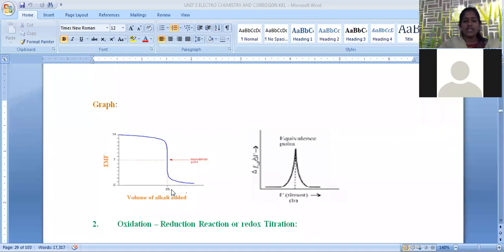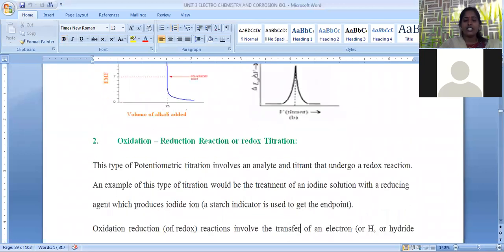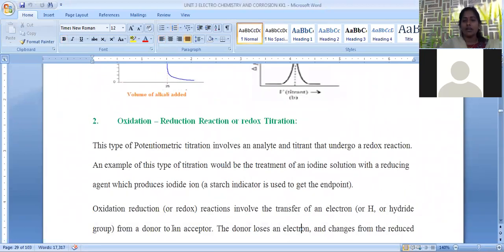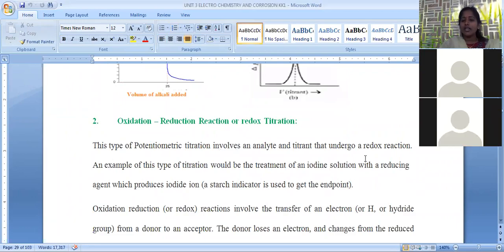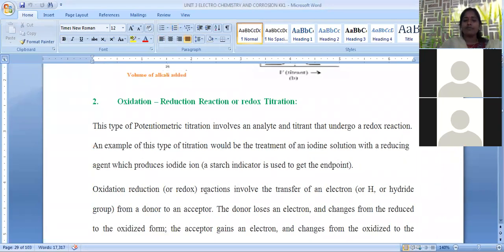We have to substitute the value from this graph so that we will get its molarity, that is the intention of acid base titration. Now let us go with the second type, that is oxidation reduction reaction, also called redox reaction. In potentiometric titration, redox reaction is also measured where the equivalent point is obtained. In order to measure this redox reaction, ferrous ion solution was taken in the beaker. 20 ml of ferrous ion solution was taken.